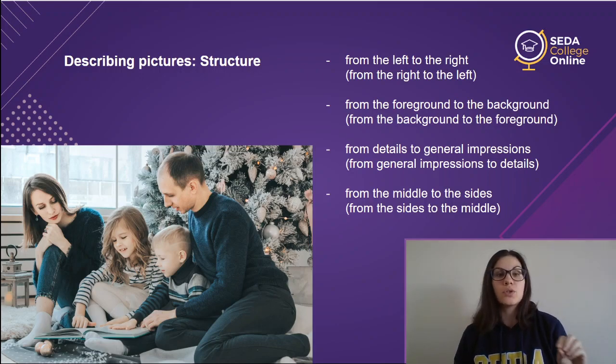So what details you see, and what you can understand from these details. And your last option is to move from the middle of the picture to the sides of the picture. But as I told you, you can't use all of these for every picture. According to the picture you have, you can use something different that you think fits best.